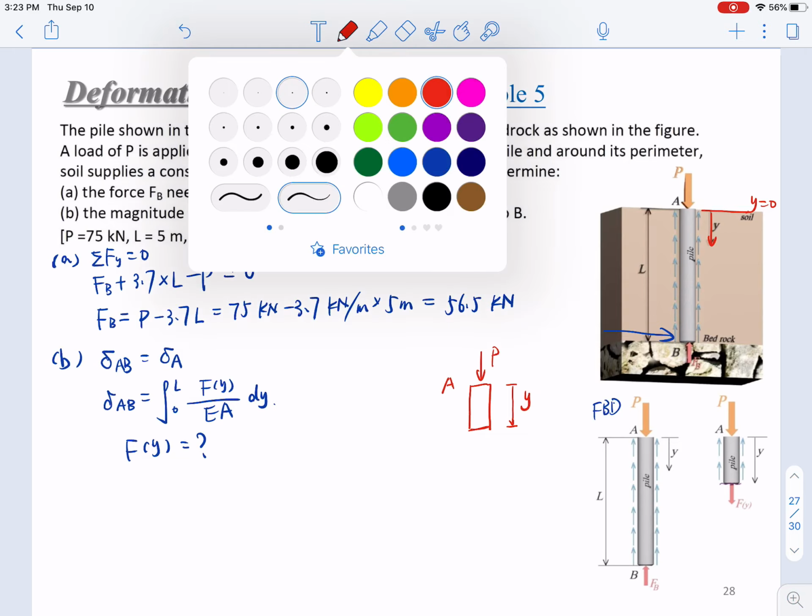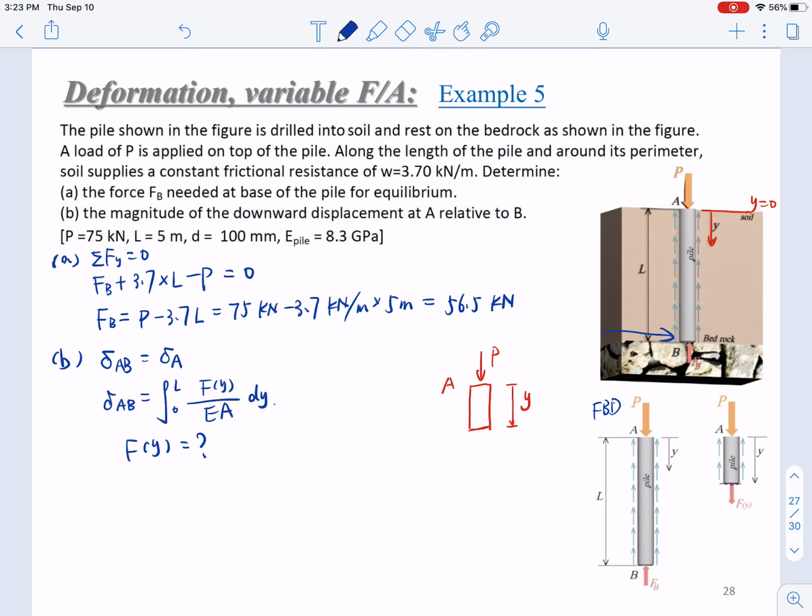Right. So if we want to know the Fy at here, applied to this dy, a little piece of dy here, right? And Fy can be added here, right?